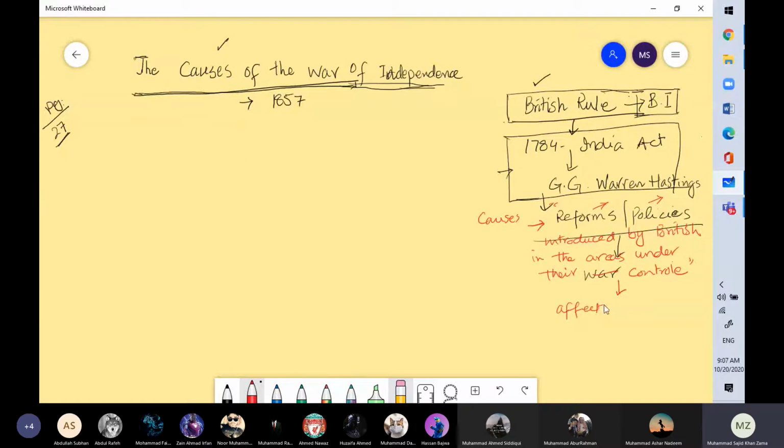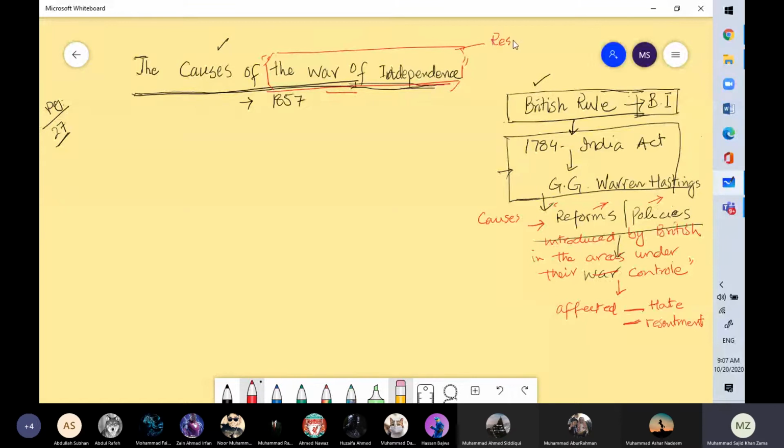We'll discuss how they affected them, and the consequence was hate and resentment, and this kept growing over the passage of time, and finally the situation developed to the extent that Indians went to war with the British. So that is known as the War of Independence. The War of Independence is basically another resistance by the Indians against British rule.